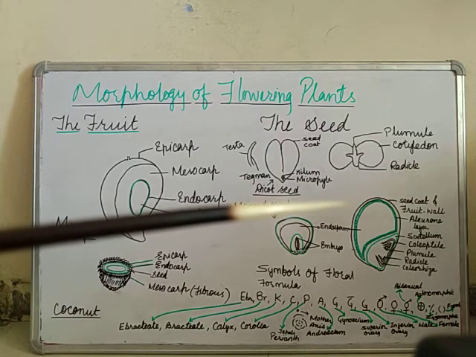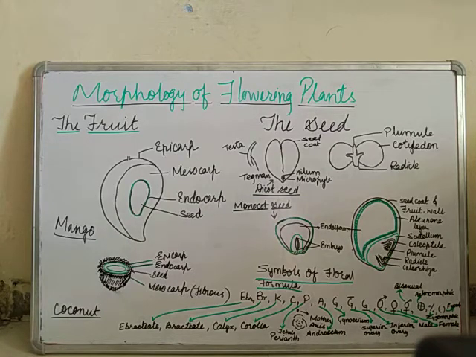Not all. Now children, we'll discuss some symbols of the floral formula. When we discuss different plants, we make floral diagrams and we also write the floral formula. So before we write any formula, we need to know certain abbreviations or symbols.